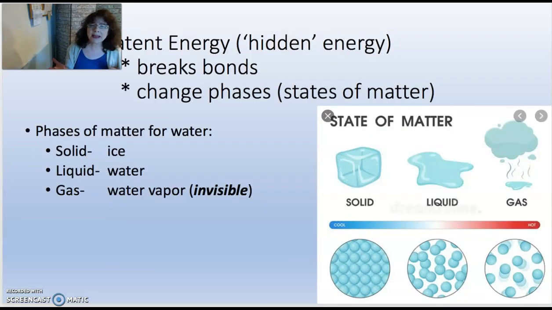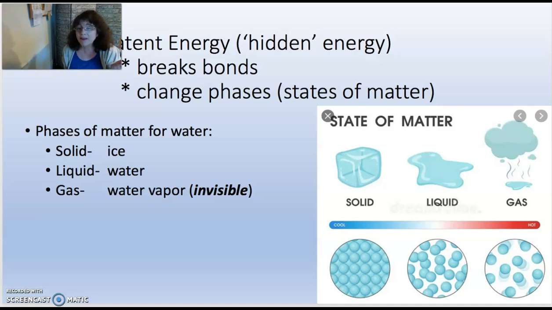And when we talk about latent energy, again, we're talking about energy that will break bonds in states of matter. And the states of matter for water are, just to review, the solid state of matter is ice, the liquid state of matter is water, the gaseous state of matter is water vapor. Water vapor is not steam. Water vapor is actually invisible.